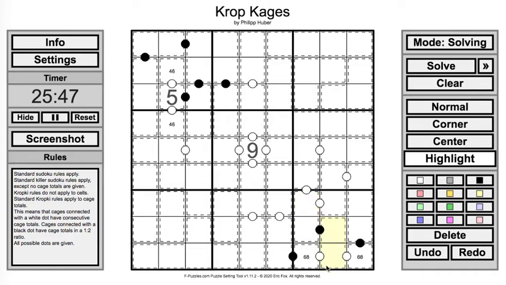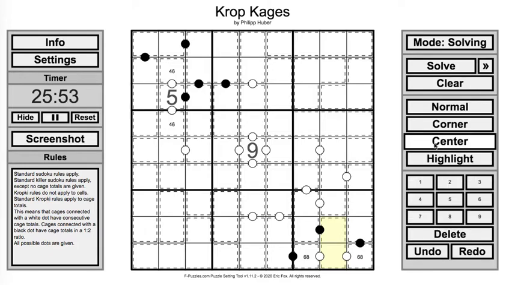Basically right here we have the value of 7, which could never be 6 and 1 because we have the 6 already used up, so we only have 2, 5 and 3, 4 available. And then we can see immediately that this has to be the 14 cage because it's twice 7, and the 14 cage cannot be 6-8 because we have 6-8 already used up.